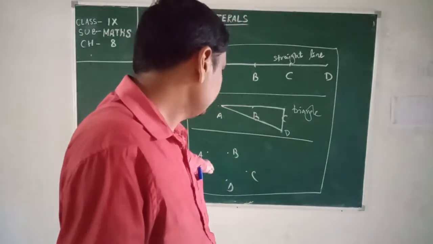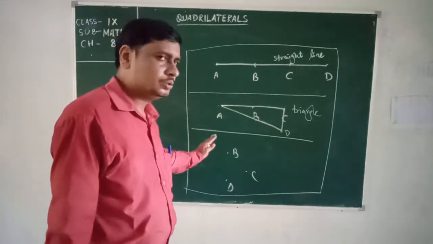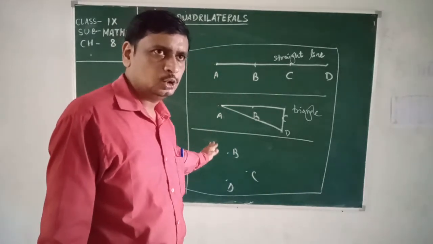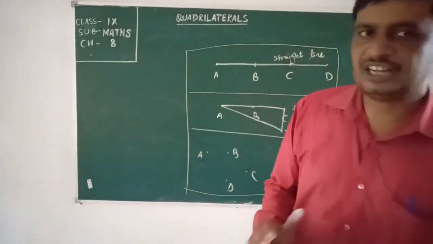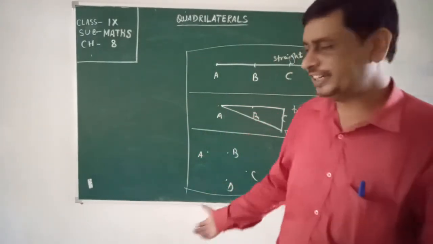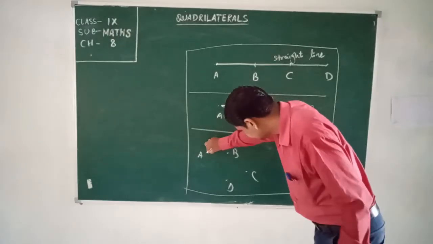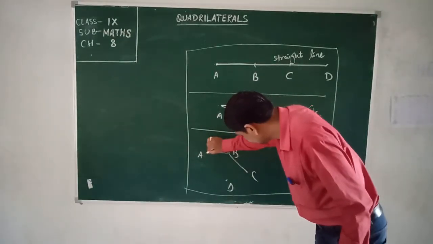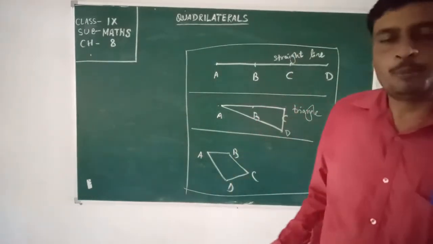But here, only 2 points are collinear. There do not exist any 3 points that are collinear. If we join them, we will get a four-sided figure.